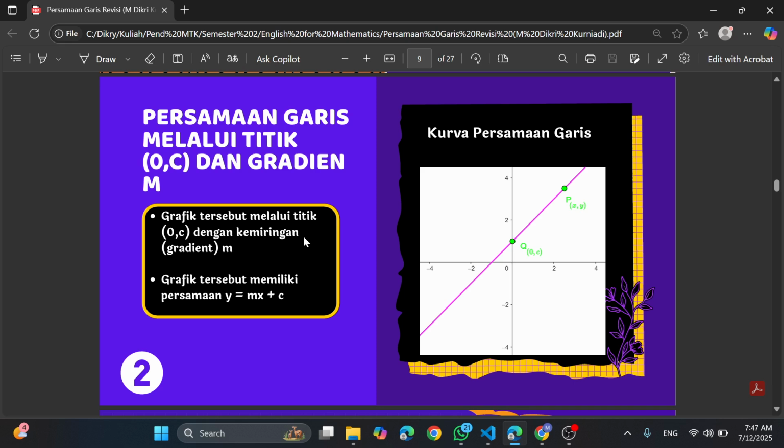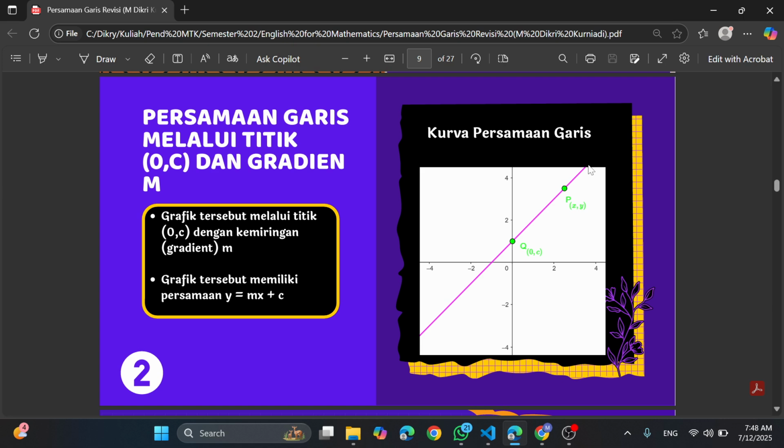Number 2. The equation of a line passing through the point 0, c and a gradient m. The graph passing through the point 0, c with a slope, a gradient m, has the equation y equals m times x plus c.